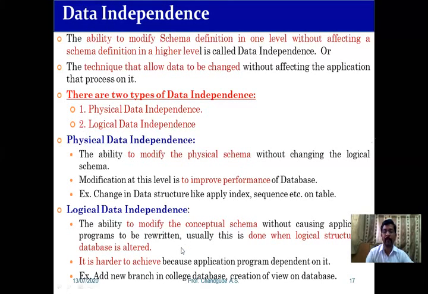And the next example is, suppose, creation of a view on a database, means creating different views on an existing database. These are also examples of logical data independence.